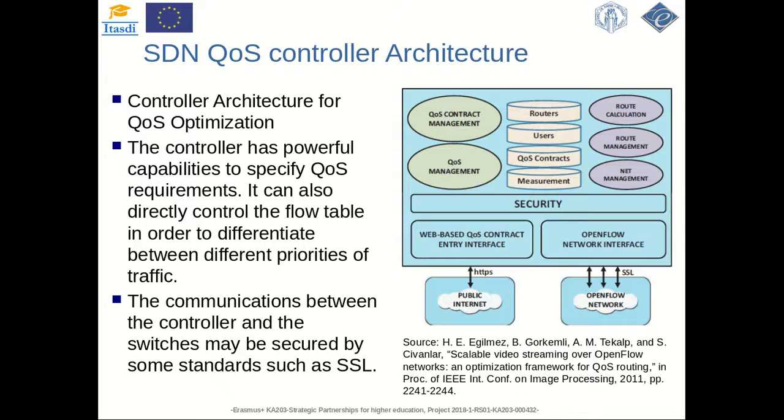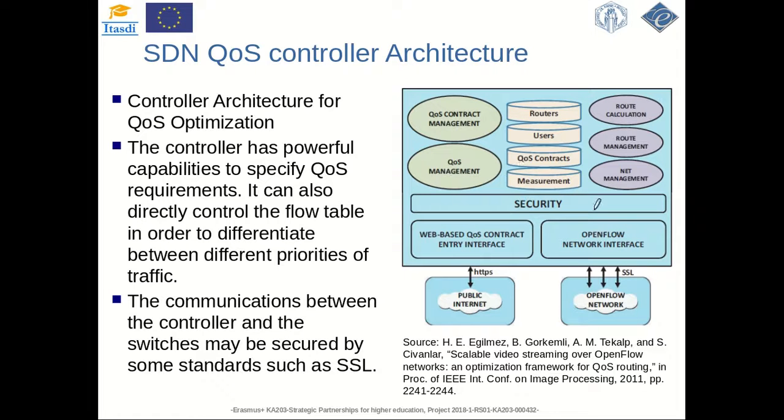It can also directly control the flow table in order to differentiate between different priorities of traffic, different traffic flows and different users. The communication between the controller and the switches may be secured by standards such as SSL. This is the open source network and open source network interface.